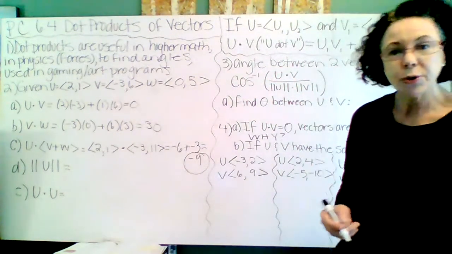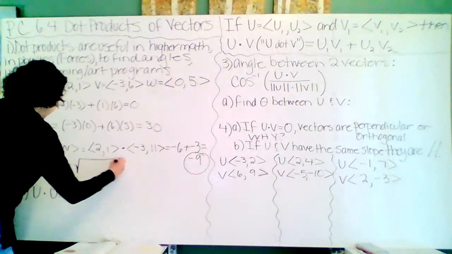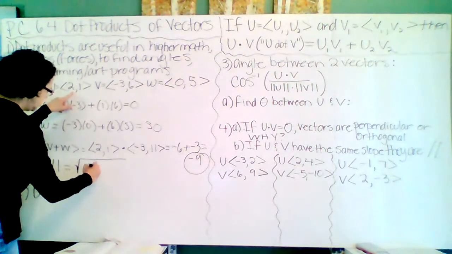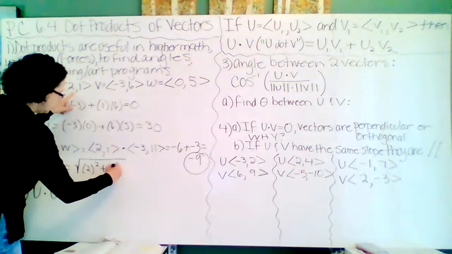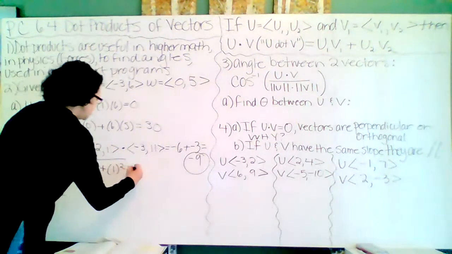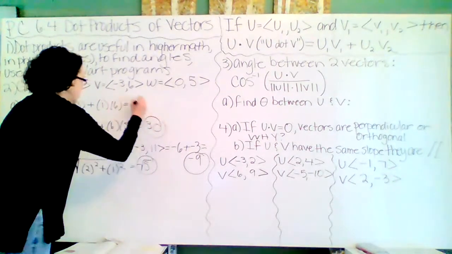Let's find the magnitude of u. If you remember, that means that for u, we would square 2, square 1, add them up and take the square root, which would be the square root of 5.